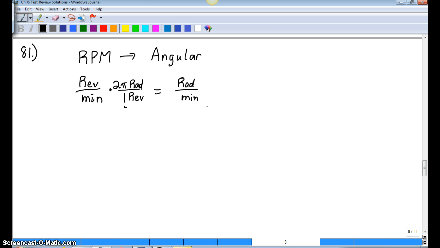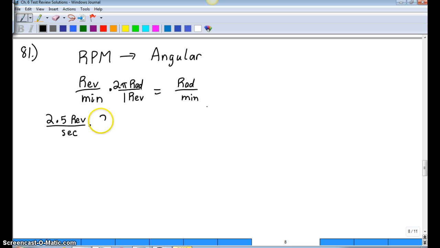So if you're looking at any problem given RPMs or even revolutions per second, if you look at 81, they give you 2.5 revolutions per second. It's no different.